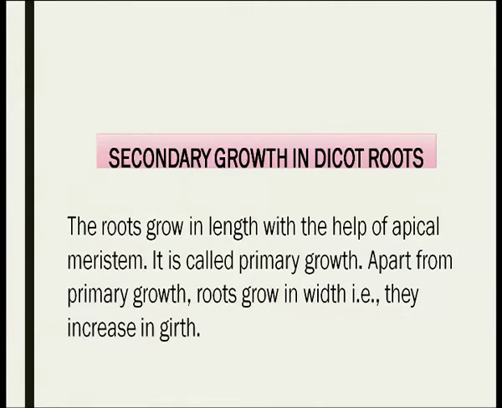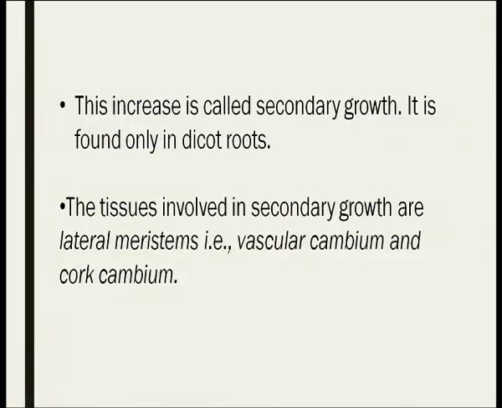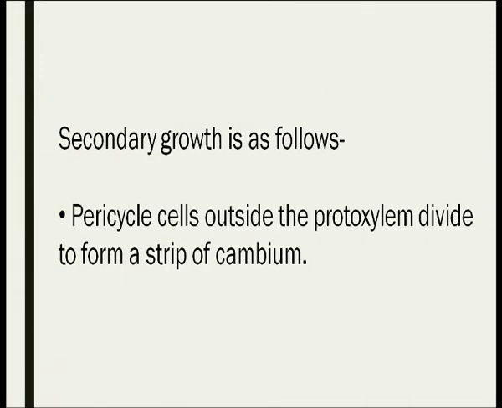It happens because of the secondary growth in the dicot roots. Roots grow in length with the help of apical meristem, it is called primary growth, and apart from the primary growth, the root grows in width, an increase in the girth. This increase is called secondary growth.